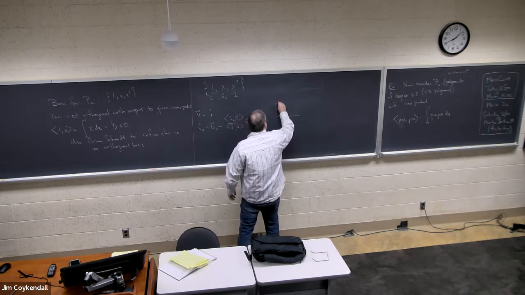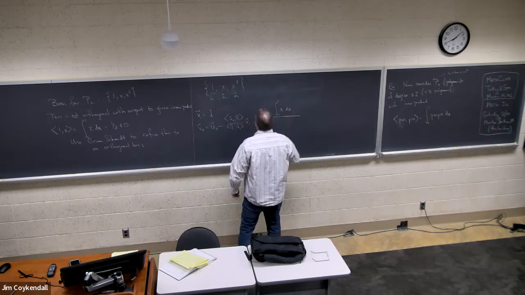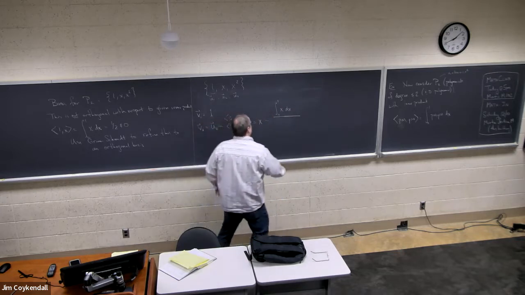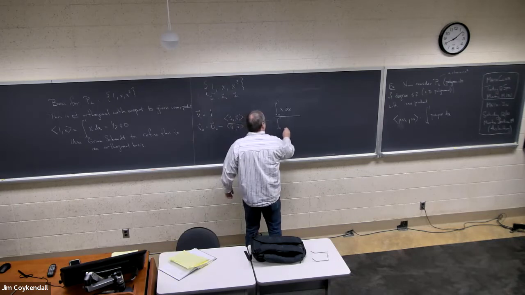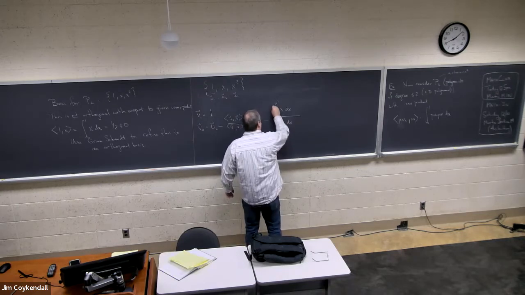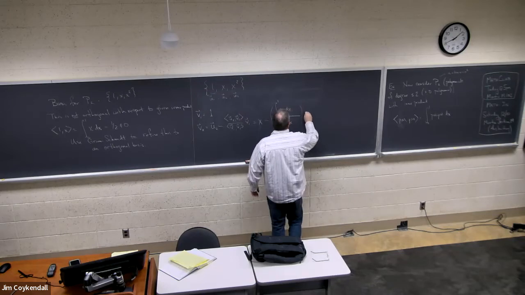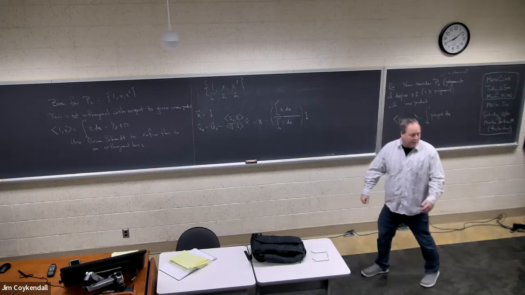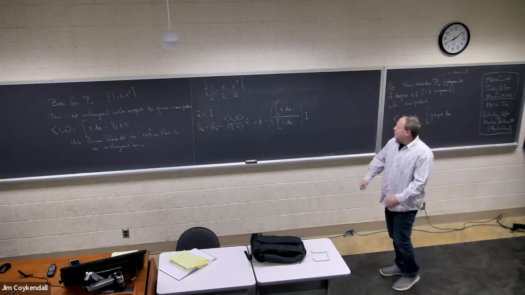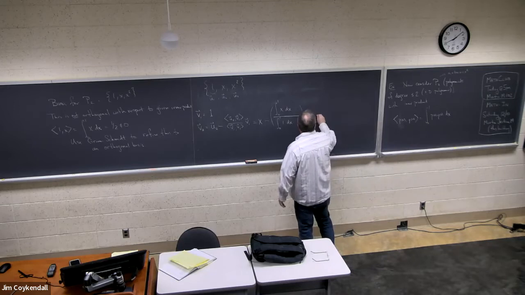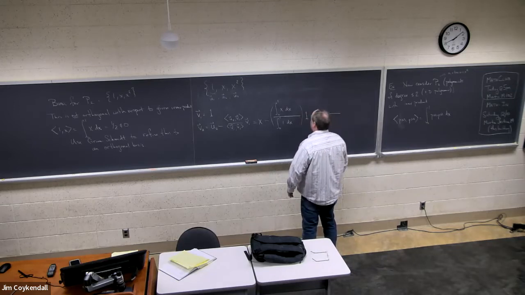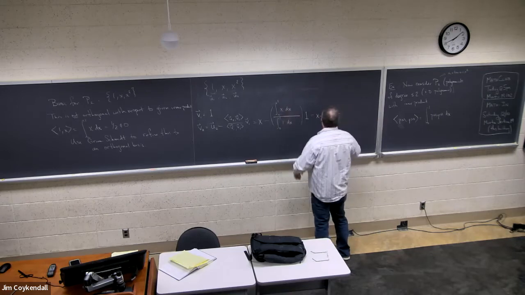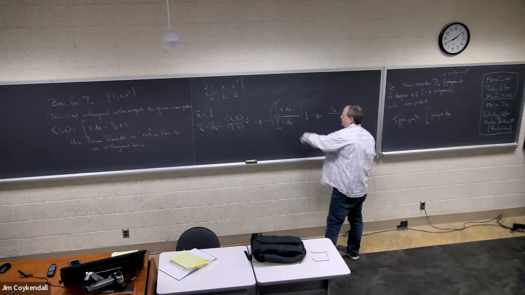The inner product of U2 and B1: the integral of x from 0 to 1 is 1/2 x squared, so it's a half.